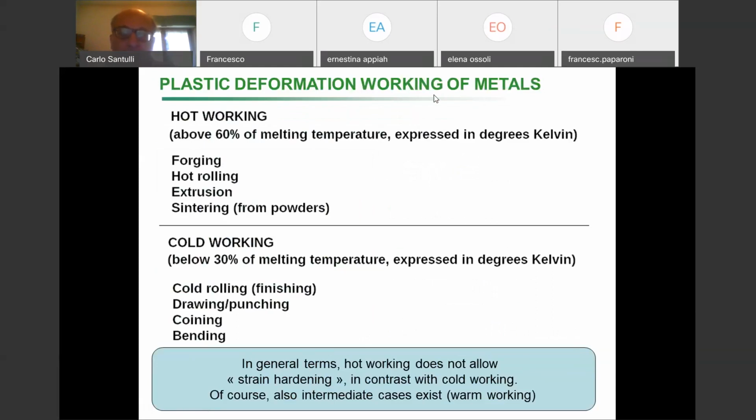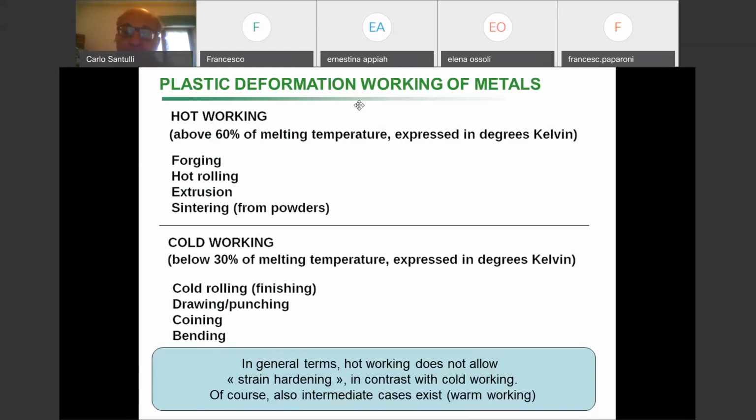Hot working means that we are above 60% of the melting temperature. Then we have cold working on the opposite side, and cold working means that we are below 30% of the melting temperature, both expressed in degrees Kelvin.